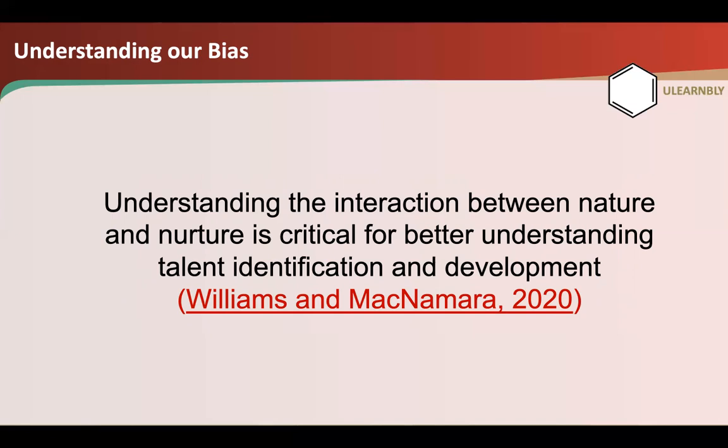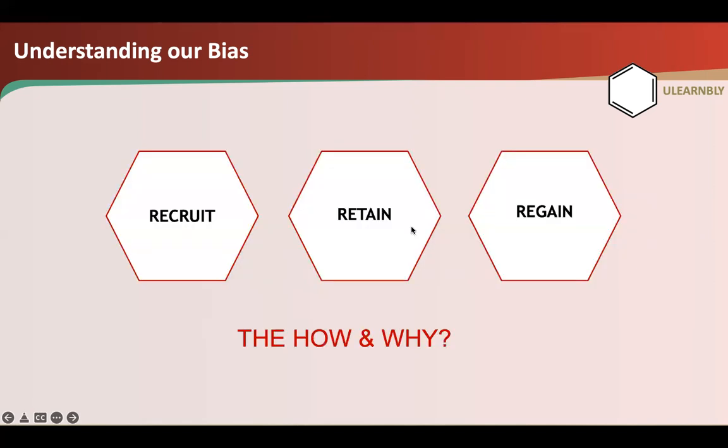And there's a great article by Professor Williams and McNamara in 2020. And I would even encourage you to read Mark Williams' recent book, which is Elite, that you can get on Amazon as well, because there's some great examples in there as well.